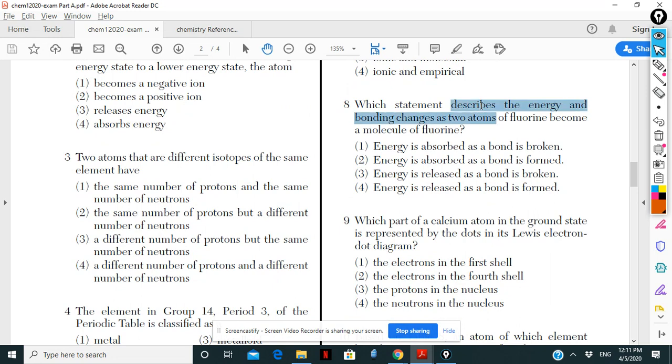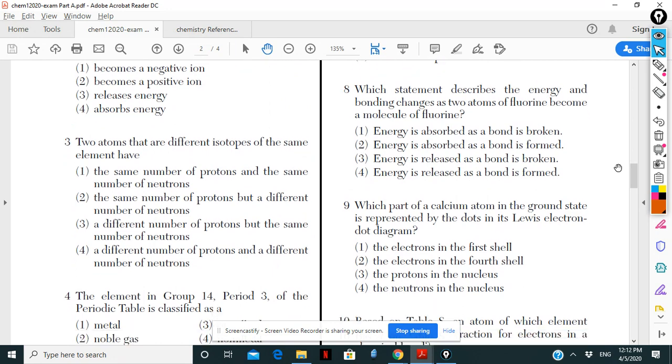Which statement describes the energy and the bonding changes as two atoms of fluorine become a molecule of fluorine? Forming a bond, releasing energy. Since I form a new compound, I have a new bond.